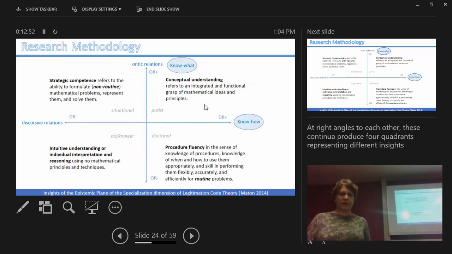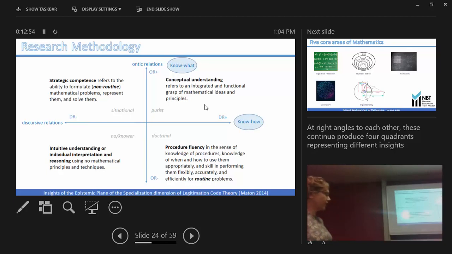Another way to represent that using an orthogonal framework is if I take those two continua. So here I've got the mathematical knowledge, the knowing what, versus the know how. We once again get 4 quadrants, but I've labeled them somewhat differently to link up more with mathematics.